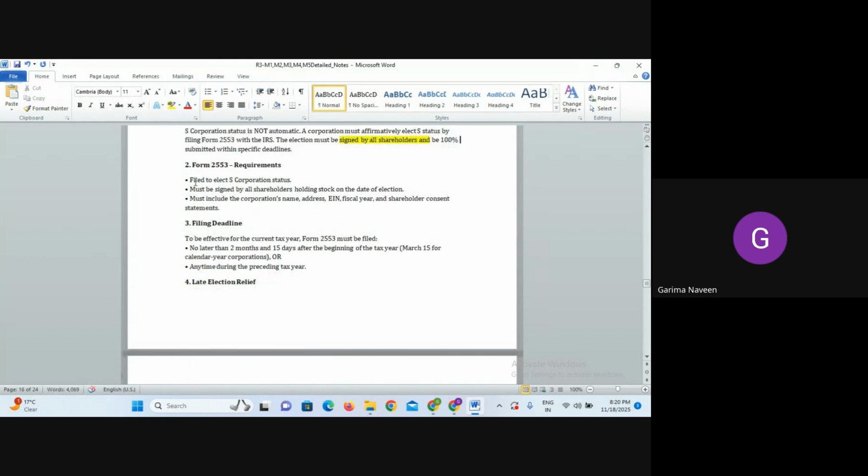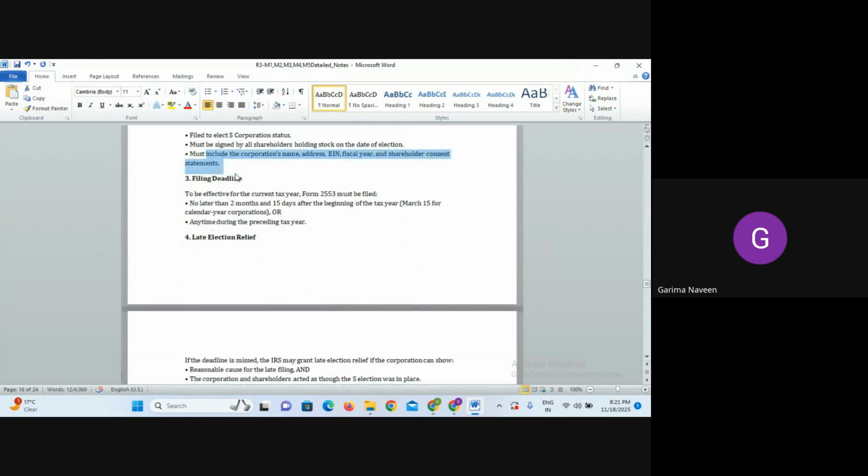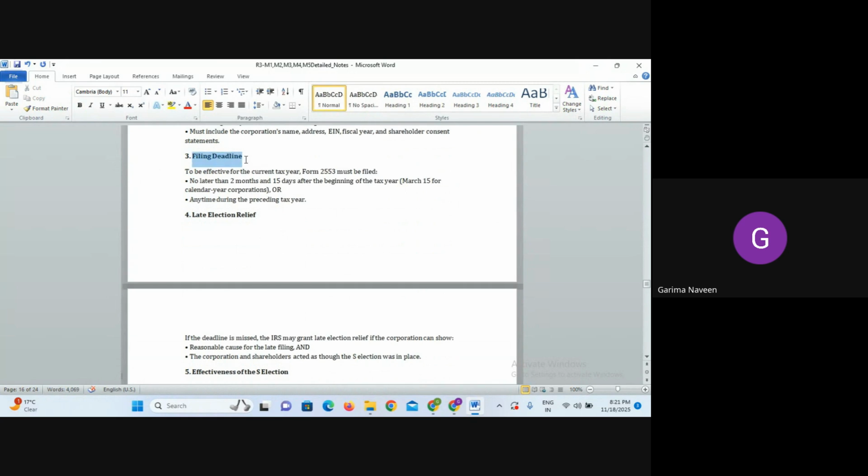Form 2553 requirement: the form to elect the S corporation status must be signed by all shareholders and must include corporation name, address, EIN, fiscal year, and shareholder consent statement. Filing deadlines, we already discussed: if you file by March 15, then for that year you can treat your corporation as S corporation. But if you are filing after March 15, then for the next year your corporation will be treated as S corp. Okay.